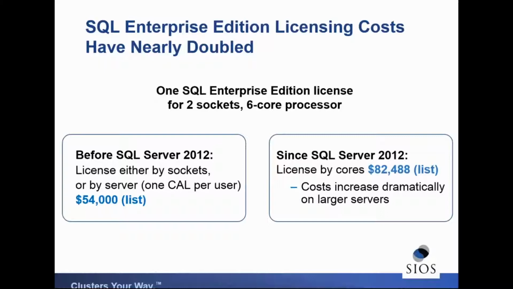But now you can only license by cores. So in this case, we're talking about a 12-core server and roughly $83,000 of licensing cost. And this isn't even something like a data warehouse server where you might have 4 sockets and a much higher number of cores. So this is a real challenge.